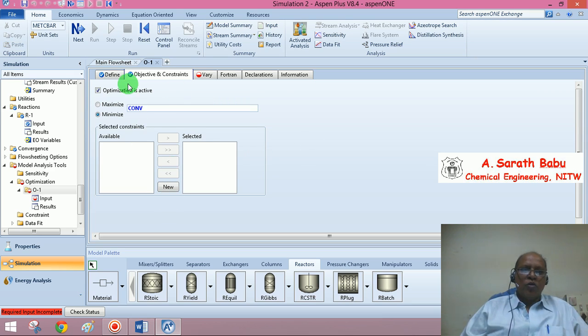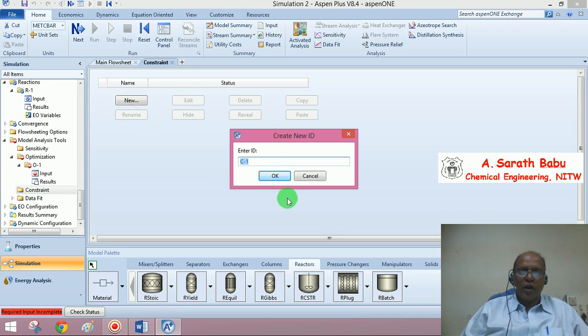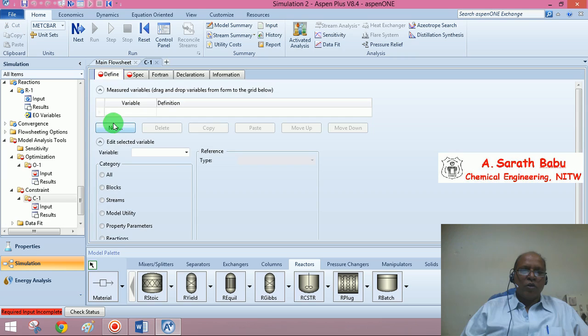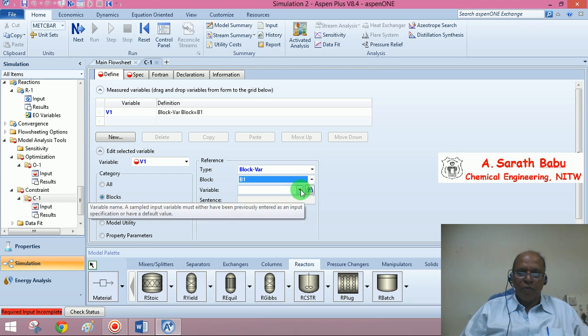Right? Do I have any constraints? I have one constraint, that the sum of the total volumes must be 20. So we need to define all those reactor volumes. V1, it's a block variable. Block is B1.